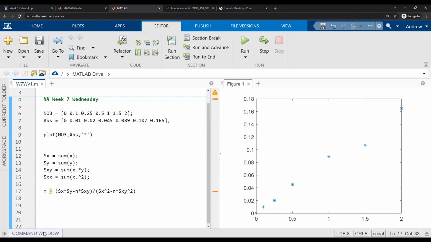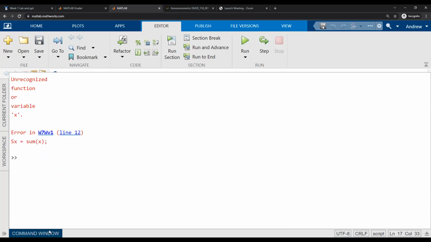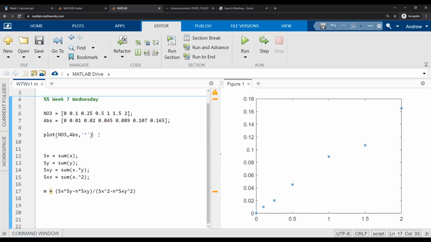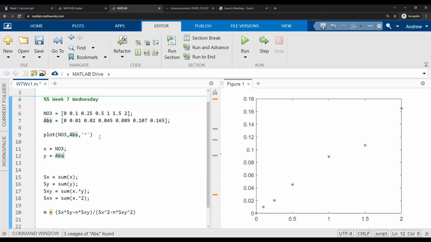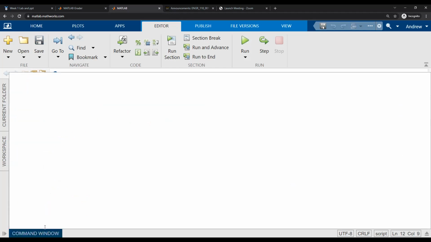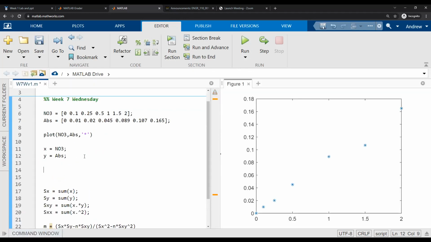Let's see. Let's run that. I need to say what is x. So this is the nitrate, and then y is the absorbance. Nitrate concentration. So what is n again? N can just be the length of the function, the number of data points.